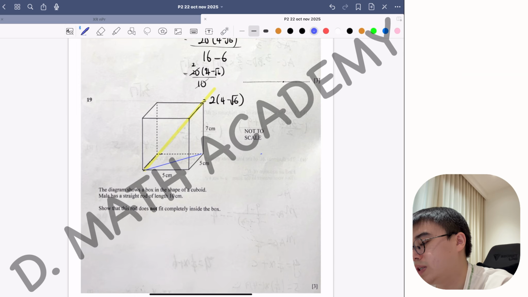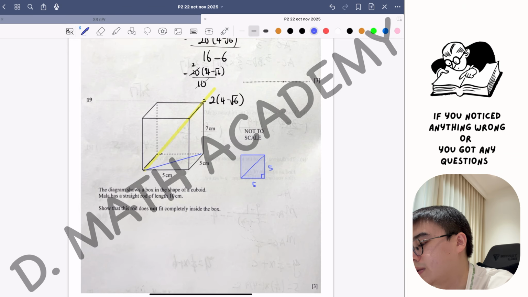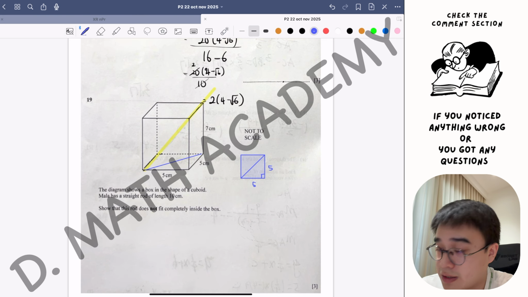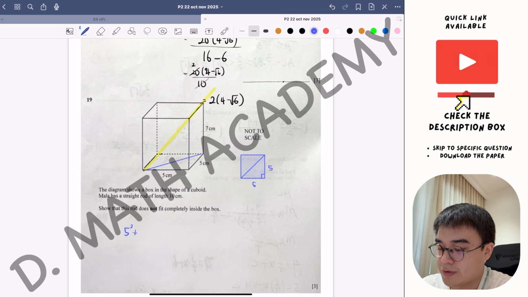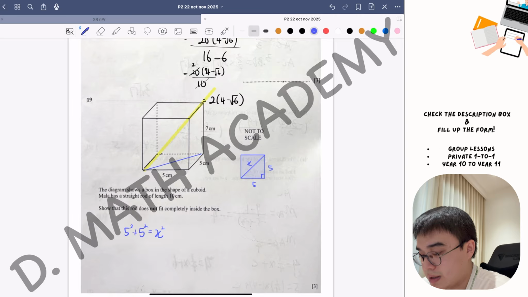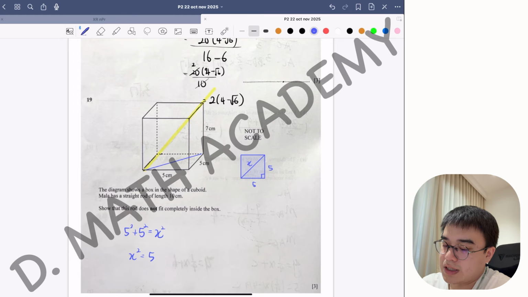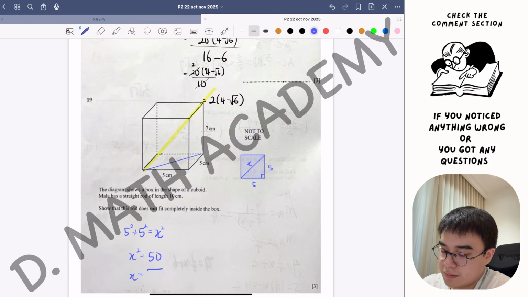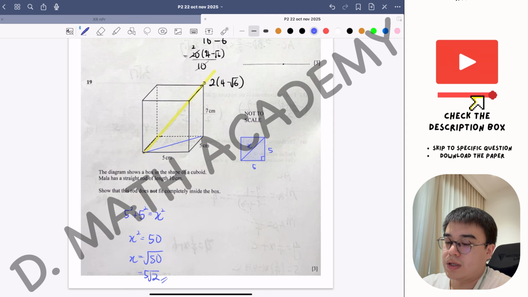In a 2D shape, you should know that it's 5 and 5 with a right angle. So crossing it means you are finding the hypotenuse. So 5 square plus 5 square equals to x square, let's say. So x square is actually 50, and to find x, you will get 5 square root 2 as your answer.